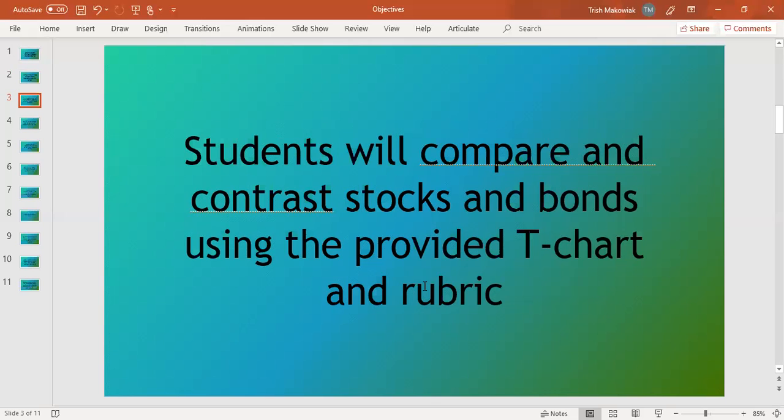Sometimes they'll have the two terminal objectives, and then it lists all the enabling objectives. It's inferred that the students will do objectives 1, 2, and 3. So the actual word students is not always a component that needs to be included. But it's the way that I was taught, so that's the way that I think when I do it.